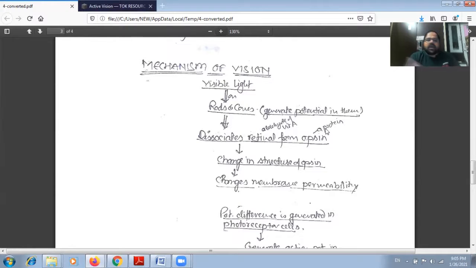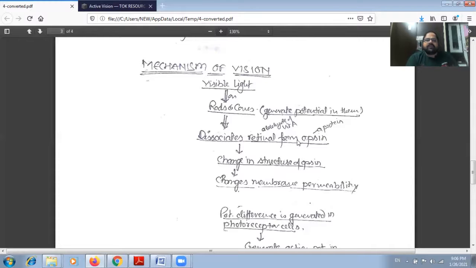So how will the potential difference be created? This potential difference is created by the dissociation of retinal from opsin. And what is retinal? Retinal is the aldehyde of vitamin A, and opsin is a protein.